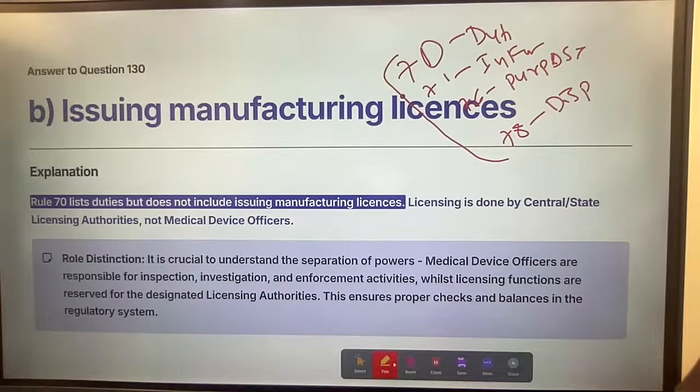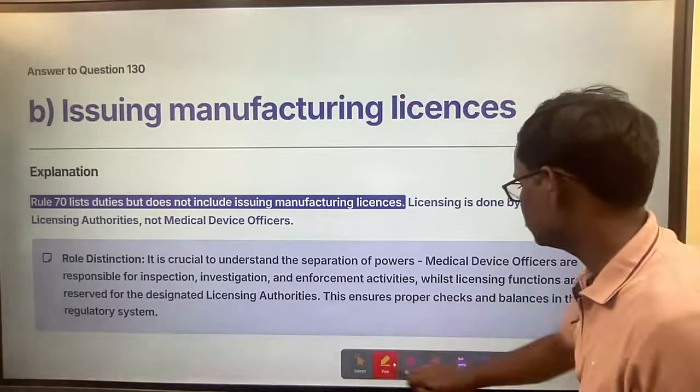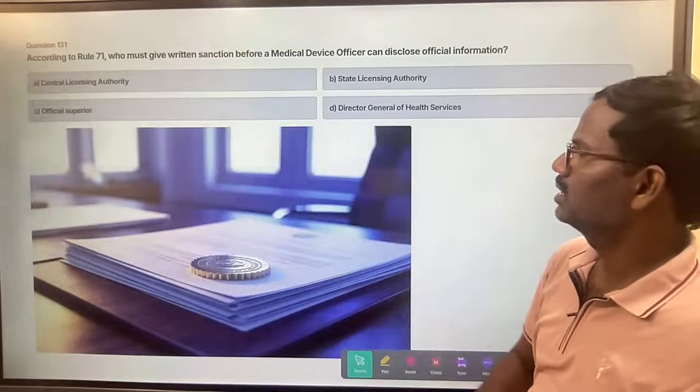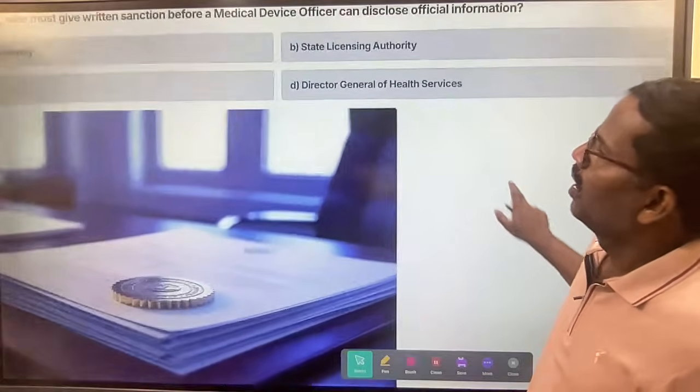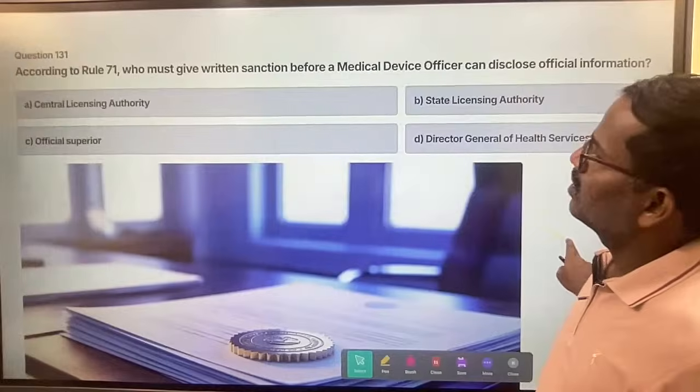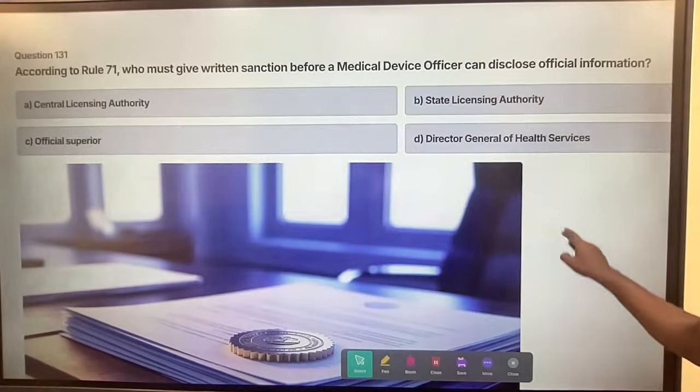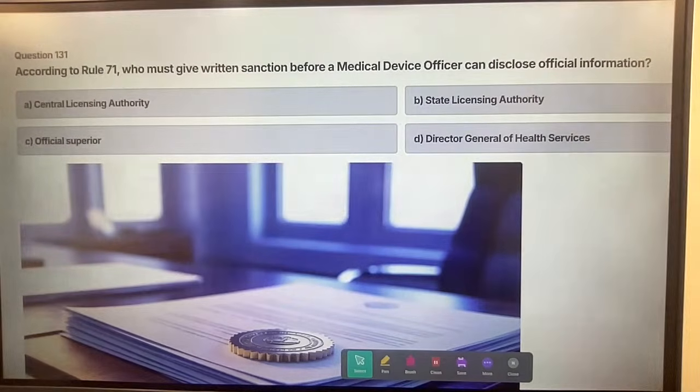And this is important. Your next question comes, which we are discussing. 71, written sanction before a medical device officer. So according to 71, who must give written sanction before a medical device officer can disclose the official information?